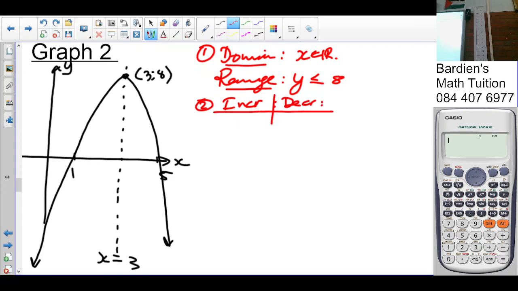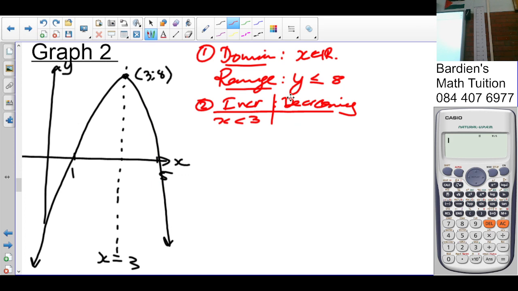Is the graph increasing or decreasing here? Increasing. So it's increasing for x is less than 3. Here the graph is decreasing, so it's decreasing for x is more than 3.